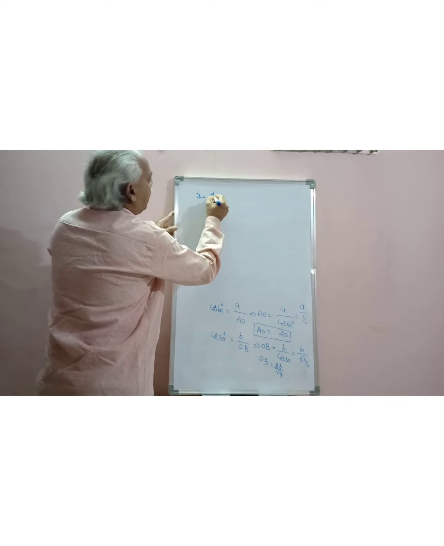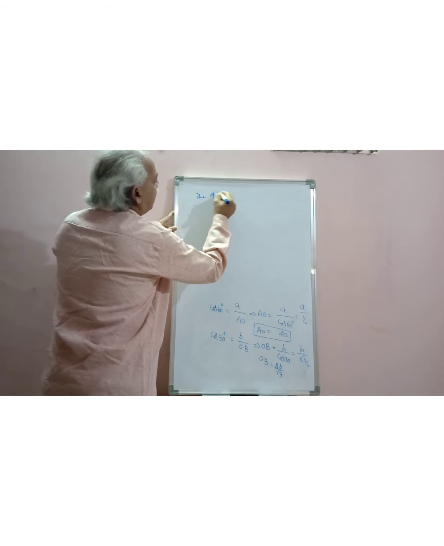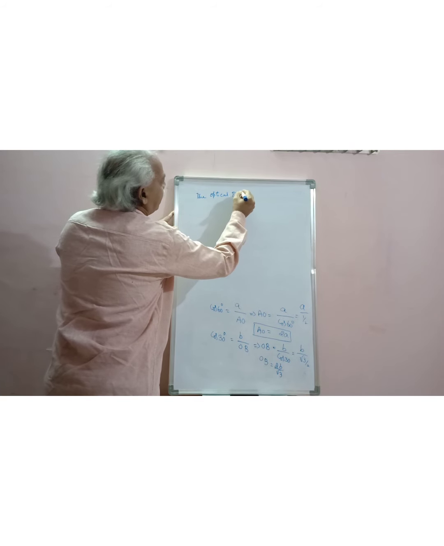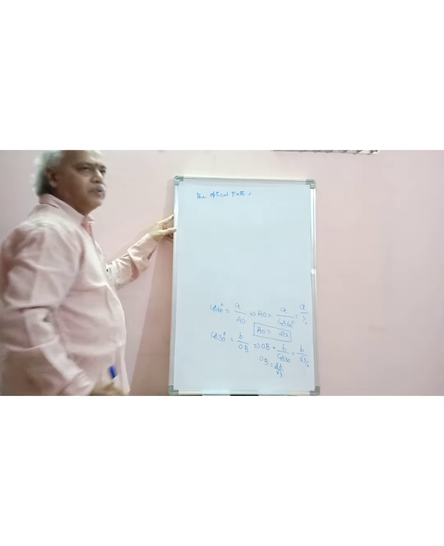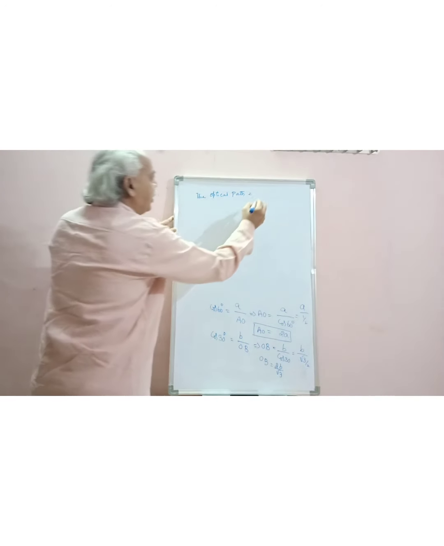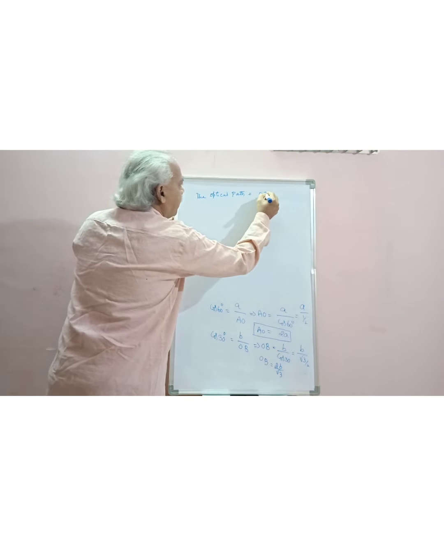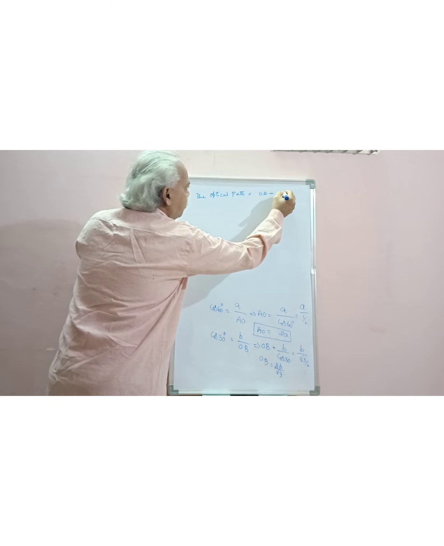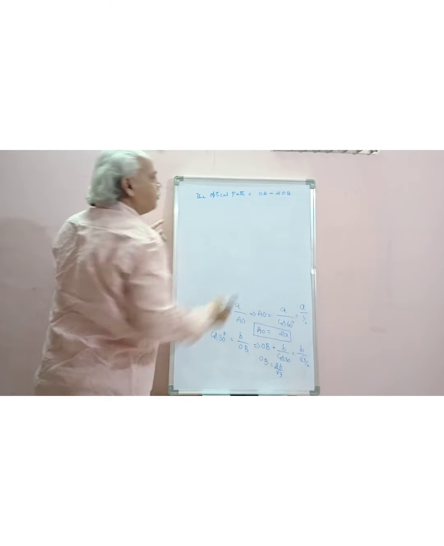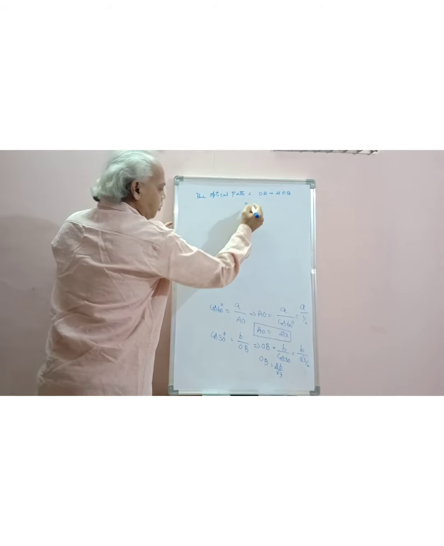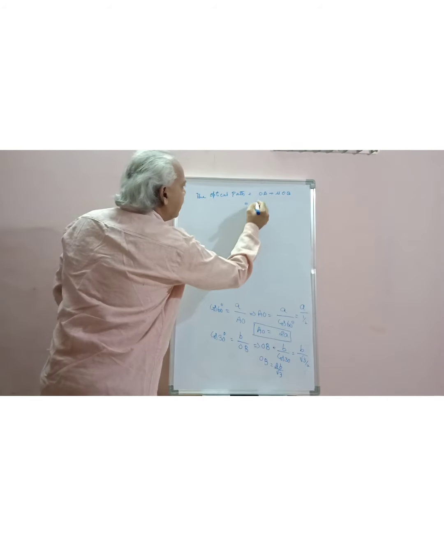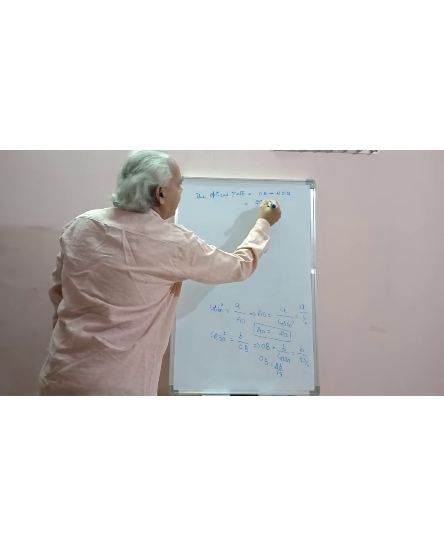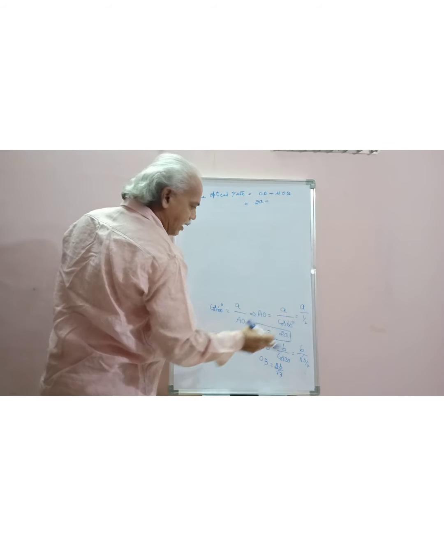The optical path is equal to OA plus mu into OB. What is OA value? Already you know that AO is equal to 2a, plus what is mu value?